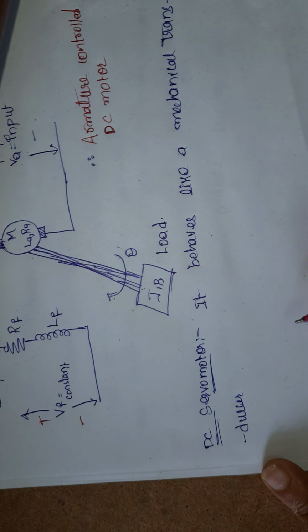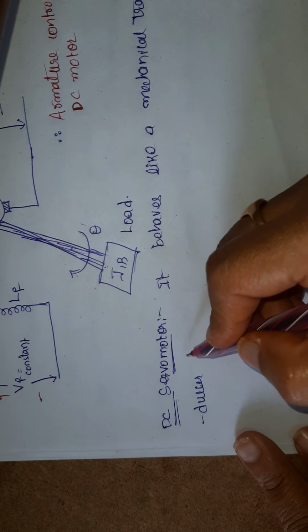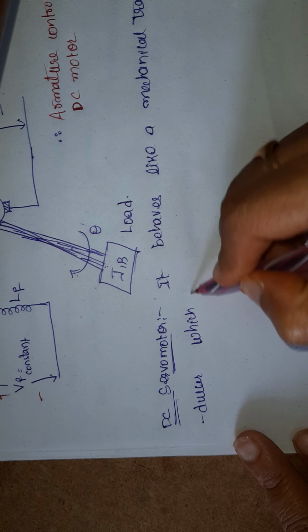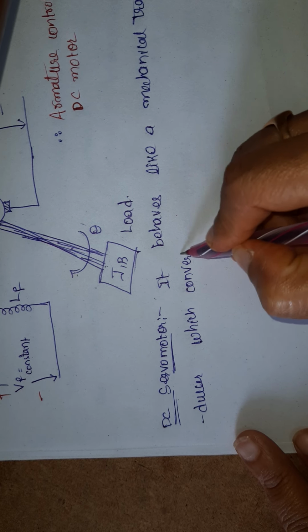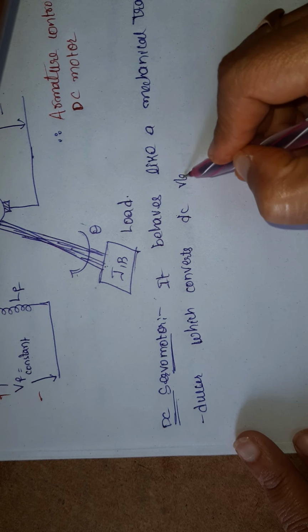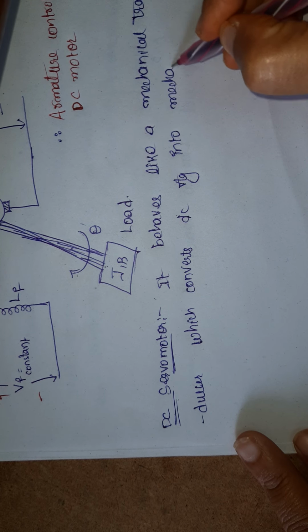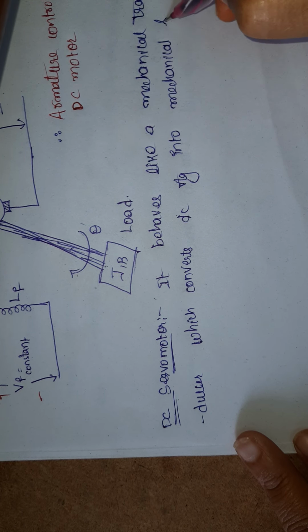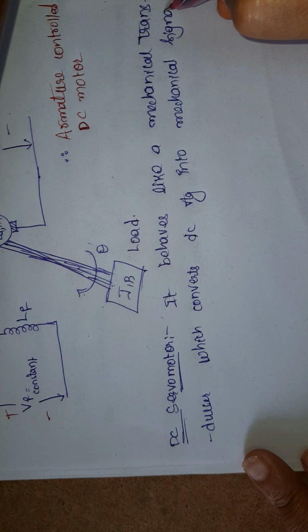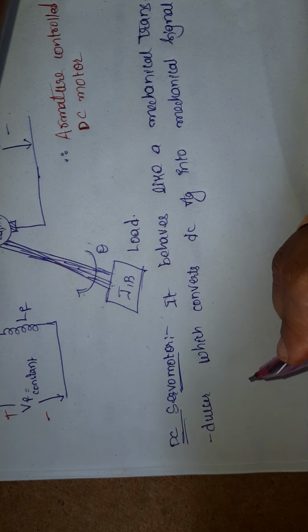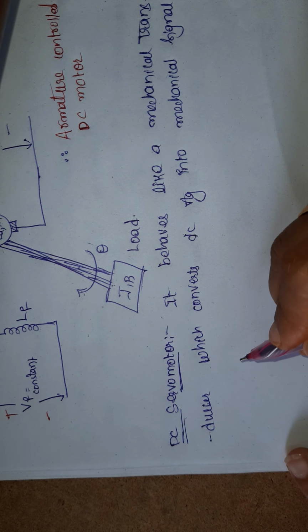Okay, so it behaves like a mechanical transducer which converts DC voltage into a mechanical signal, that is either position or derivative of its position, that is speed or acceleration.